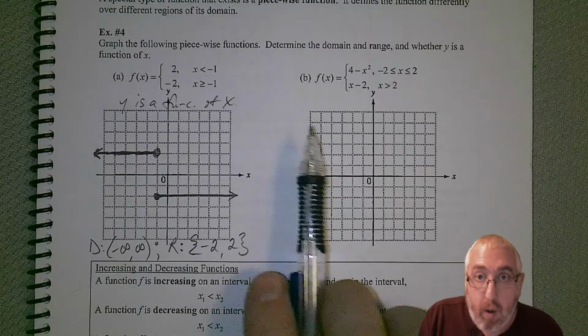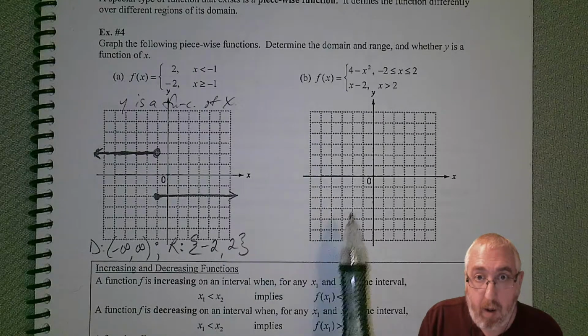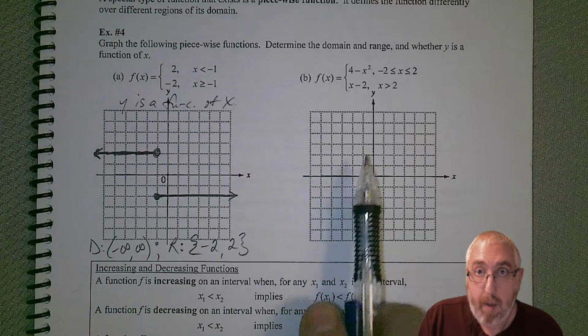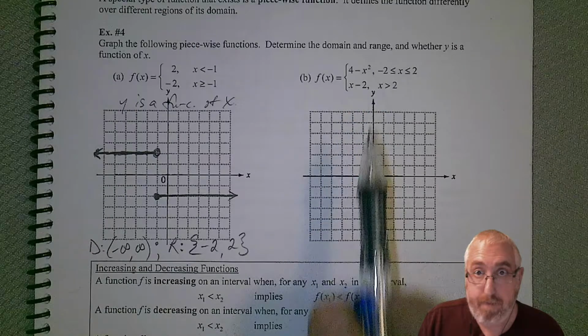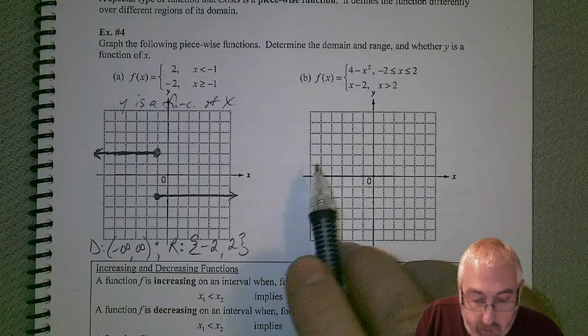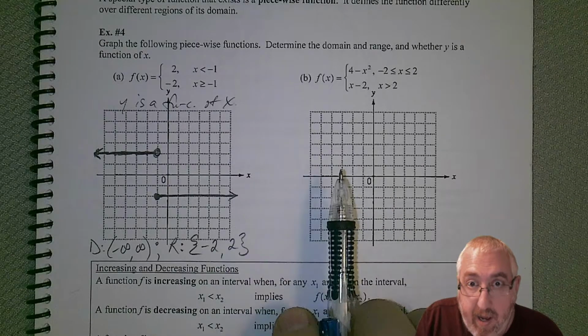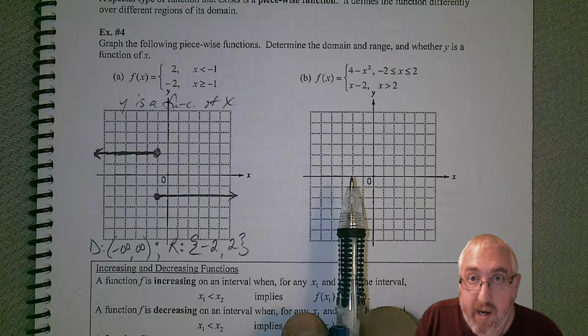So what about over in here? All over in here beyond -2, there's nothing, right? There's nothing there. The only time we start drawing points is once we get to x equal to -2. So what happens at x equals -2?